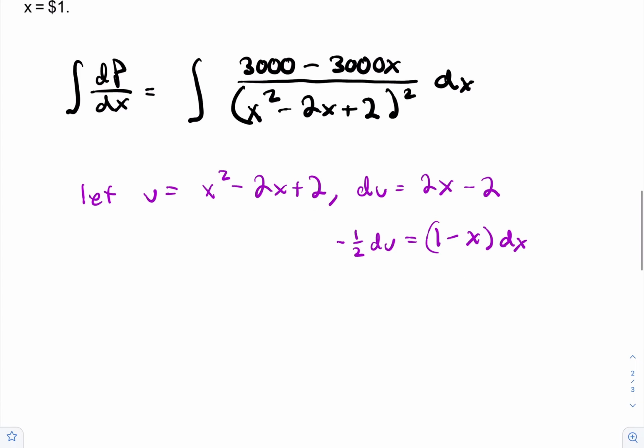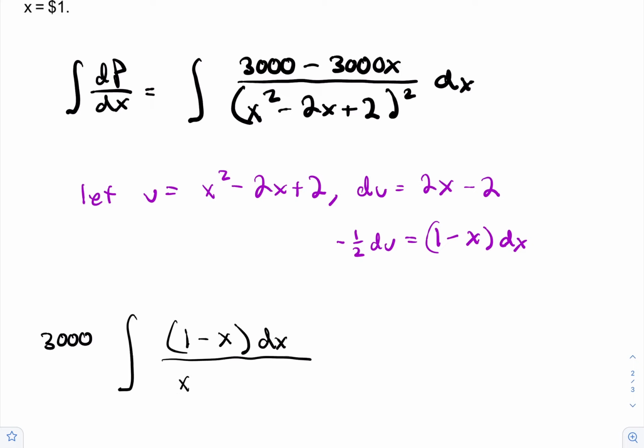Now from the original, if we factor out the 3000 from the top, we have 3000 times the integral of 1 minus x dx, and on the bottom we have x squared minus 2x plus 2 quantity squared.